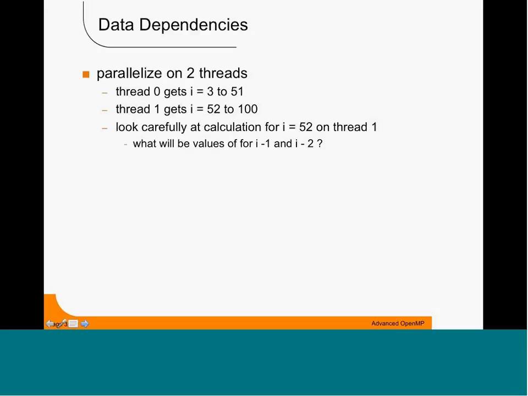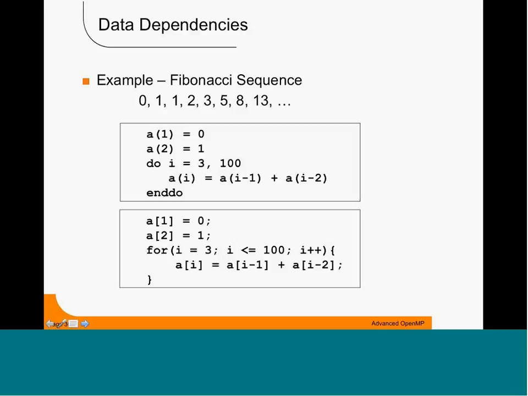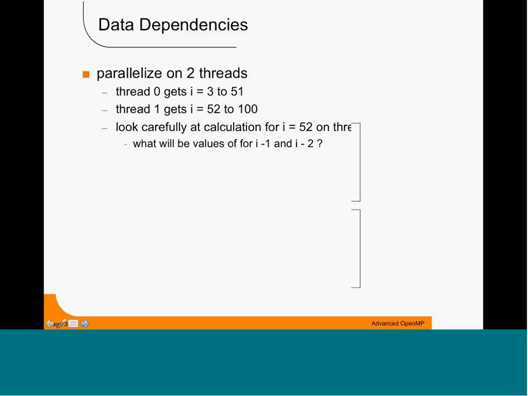But when thread 1 needs to calculate A of 52, it needs A of 51 and A of 50, right? So it has to wait for the values of 50 and 51. So it becomes serial processing, because once thread 0 finishes all the values, you can start going from 52 onward.